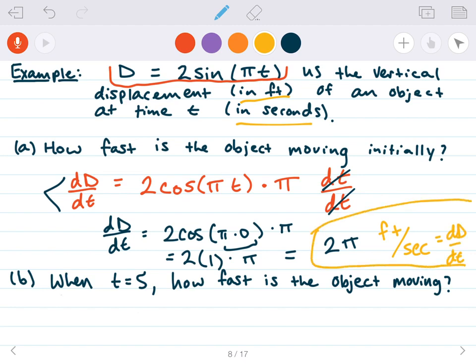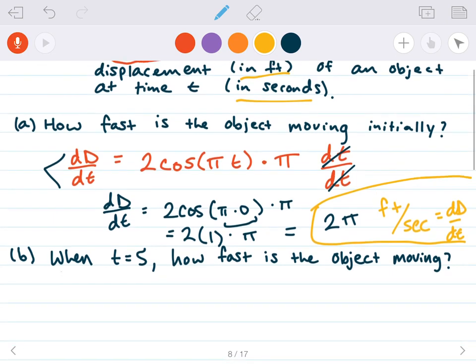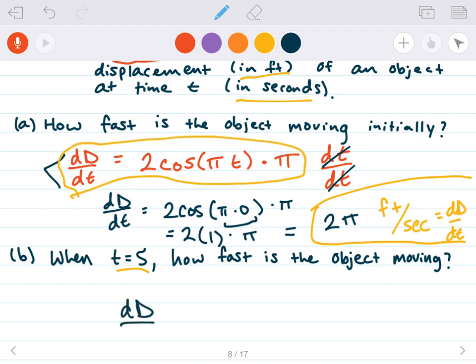All right, so same thing. We're just plugging in t equals 5 into our derivative that we found up here. So in this case, we have the change in displacement over the change in time is 2 times cosine of 5 pi times pi.